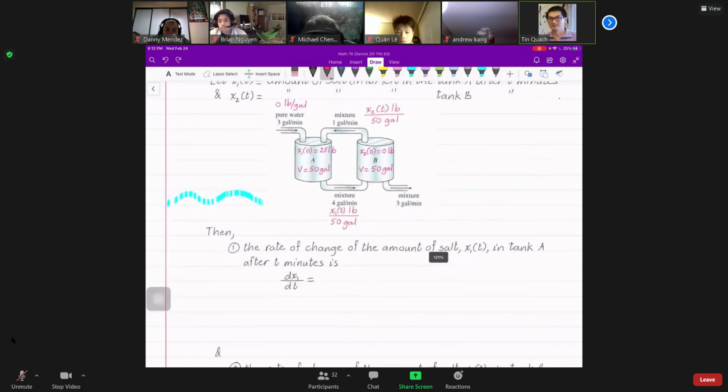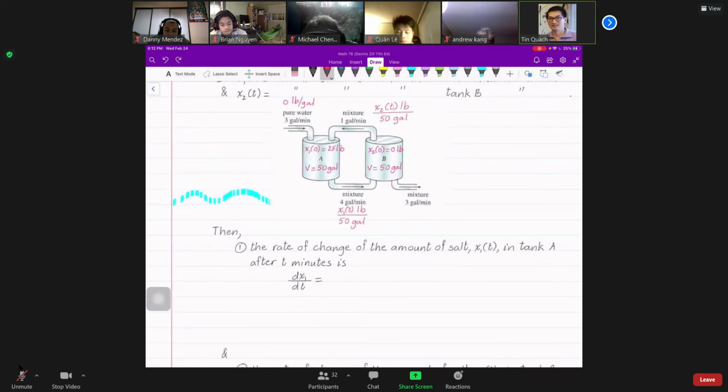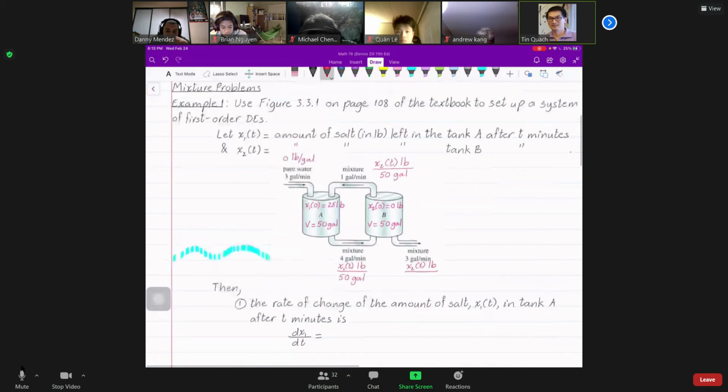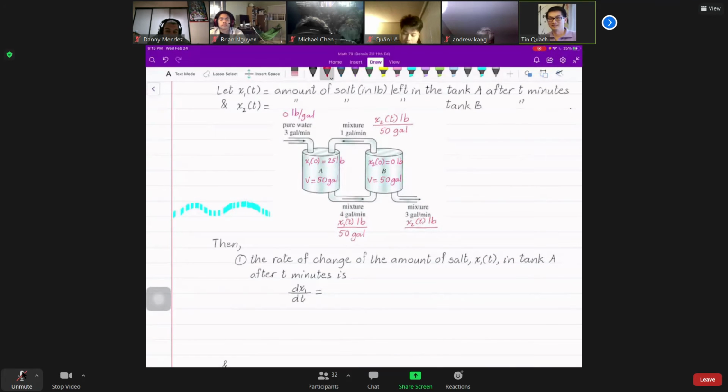what? Still x sub 2 of t, right? Yeah, because that's how much salt tank B has at time t. You see right there from the definition, right? X sub 2 of t. Okay, you guys were thinking too hard. You thought it was something else, like something weird on Mars?